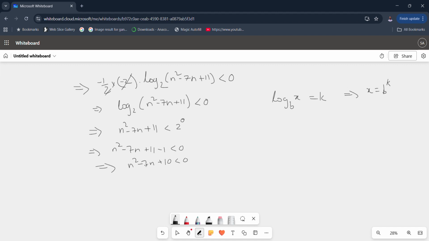Based on the equation, we know the roots are 5 and 2, so this can be written as n minus 2 into n minus 5 less than or equal to 0.